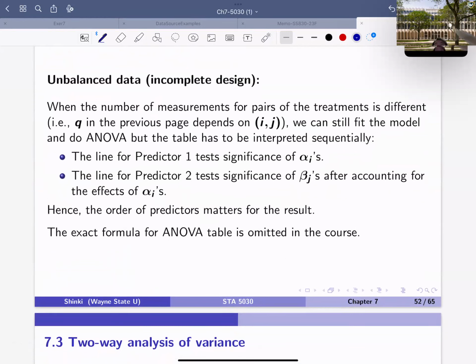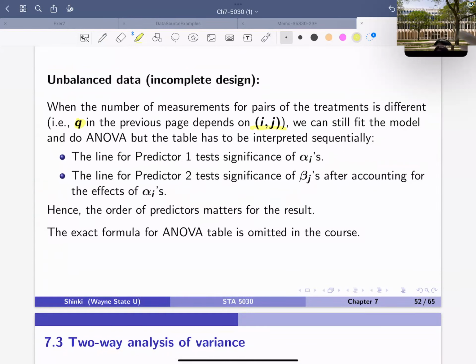Okay, so the next topic is unbalanced data. That is when the number of measurements for pairs of the treatment, I mean the pairs of groups, is different. So Q is the number of observations for each group, but Q is not constant for IJ.